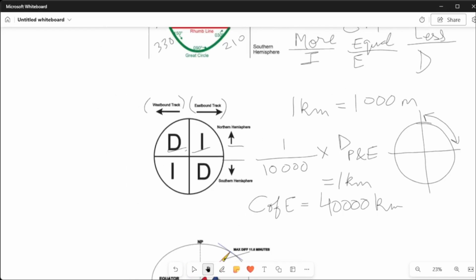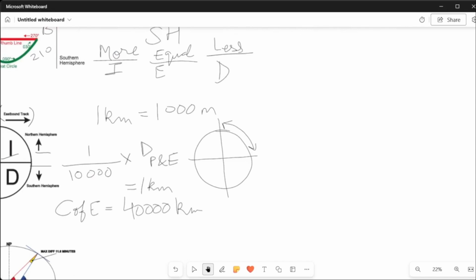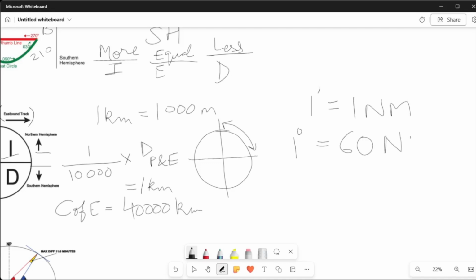So what this tries to say is 1 minute is equal to 1 nautical mile, and 1 degree equal to 60 nautical miles. And from this we can deduce that the distance between the pole and equator will be 90 degrees, that is 90 into 60 equal to 5,400 nautical miles.